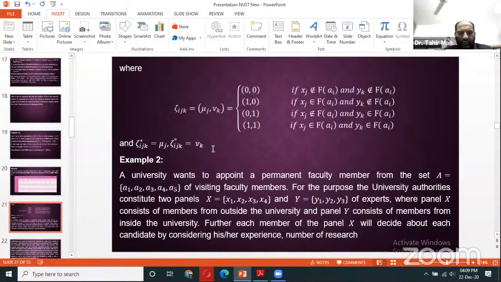Next, we consider another example to discuss some motivations for T-bipolar soft sets.